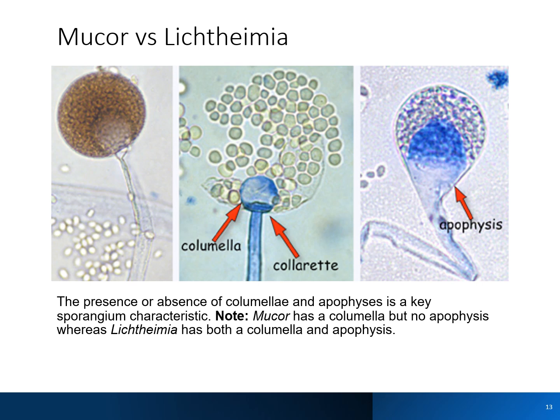When comparing Mucor with Lichtheimia, Mucor does not have that swelling at the end of the sporangiophore. So you can see here in these two pictures where it just runs straight up until it hits the columella, whereas Lichtheimia has that swelling.